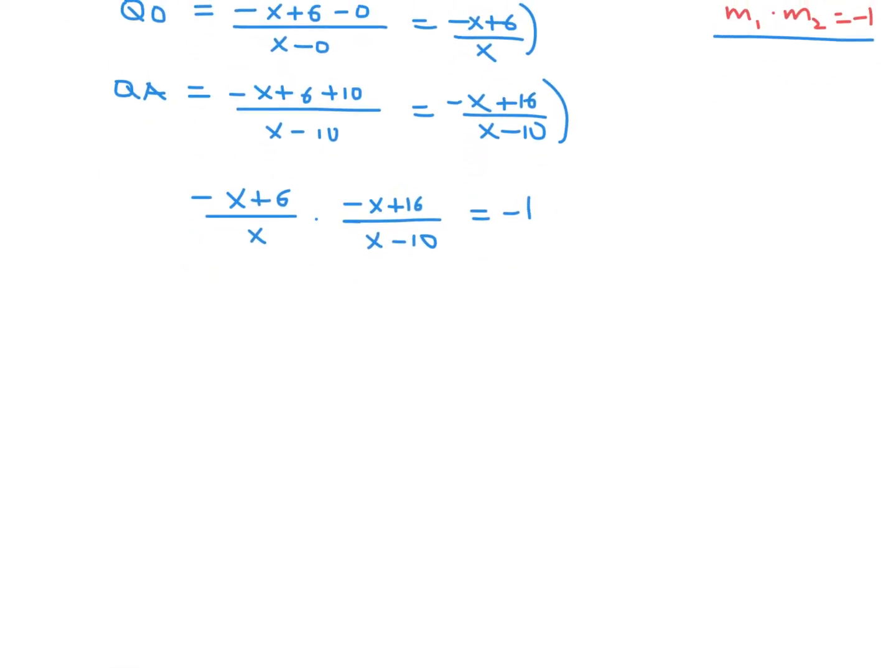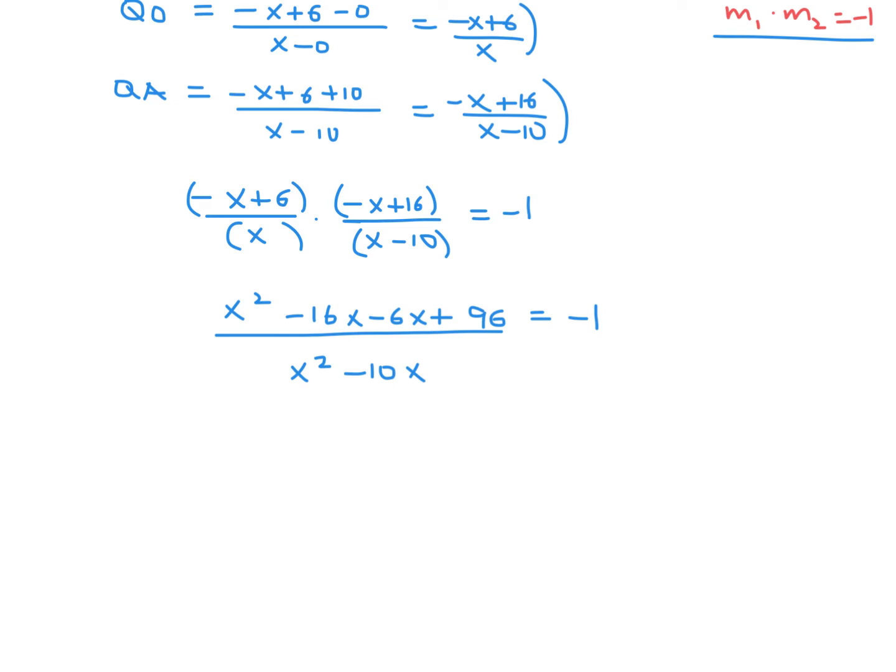So let's do this now. Multiply these two and these two. Okay, so the top would become, oh boy, x squared minus 16x minus 6x plus 6 times 16, which is, I believe, 96. And then this one on the bottom is just x squared minus 10x. So I guess on the top we'll have x squared minus 22x, or 22?